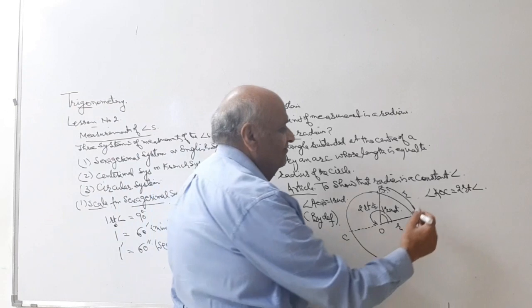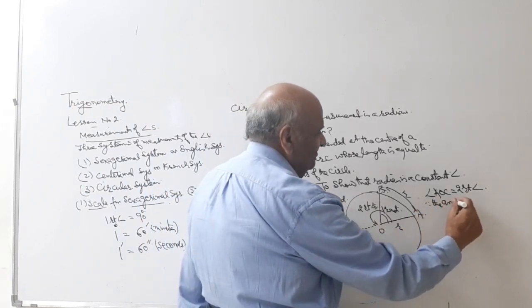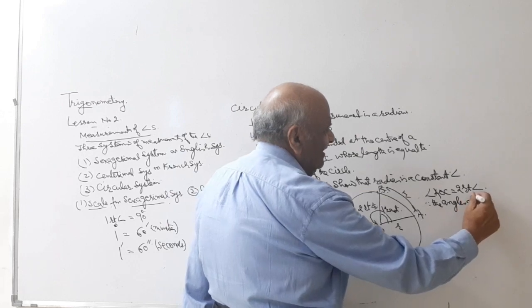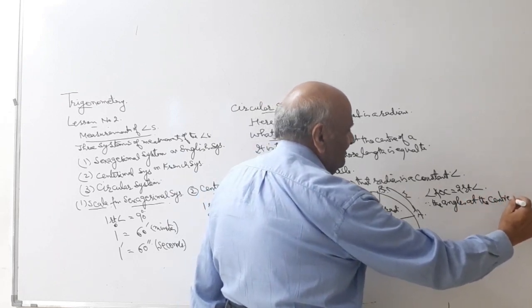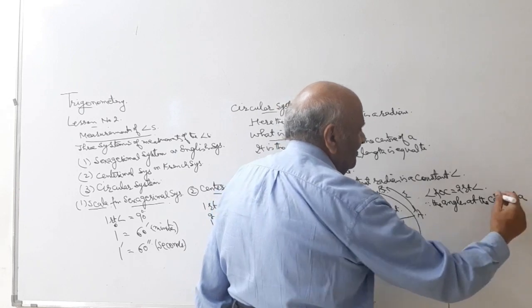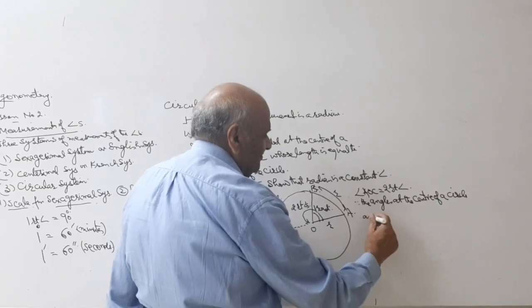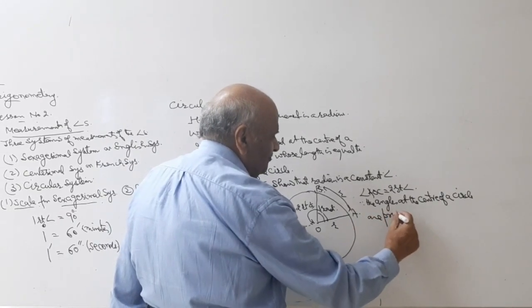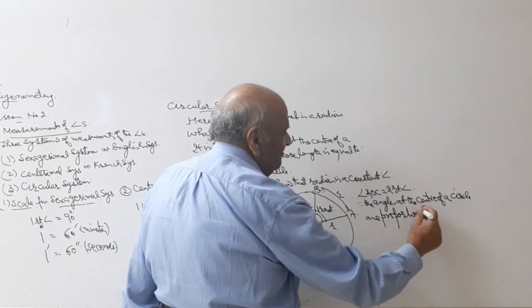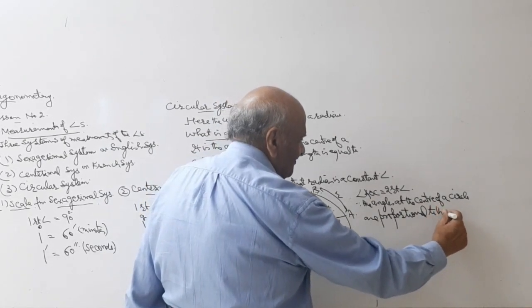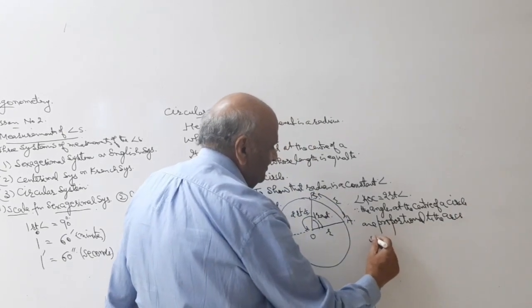Now, because the angles at the center of a circle are proportional to the arcs subtending them.